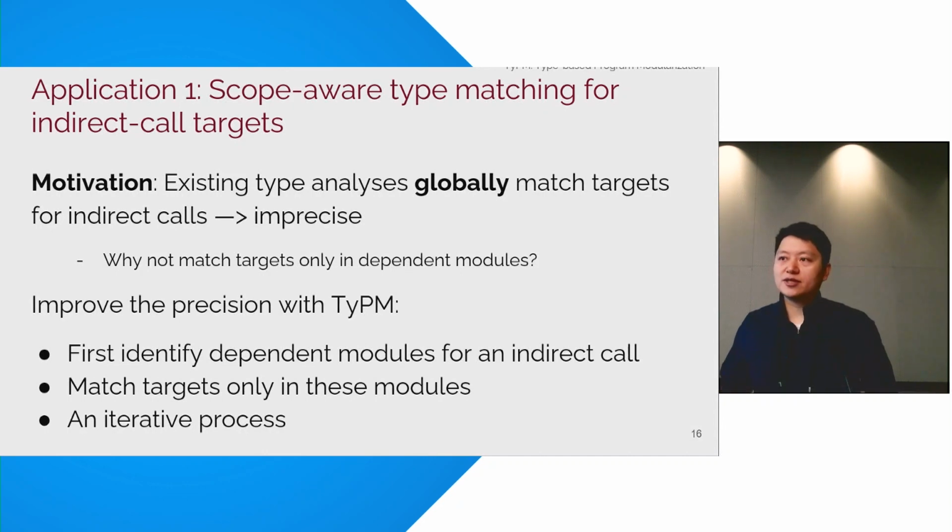So our motivation is, why don't we just match the targets within dependent modules instead of the whole program? This way we can improve the precision. So in this work, we apply typing to first identify dependent modules for an individual call, and then match the targets of the individual call just within these dependent modules to improve the precision.